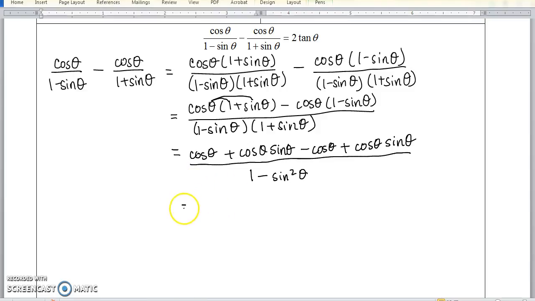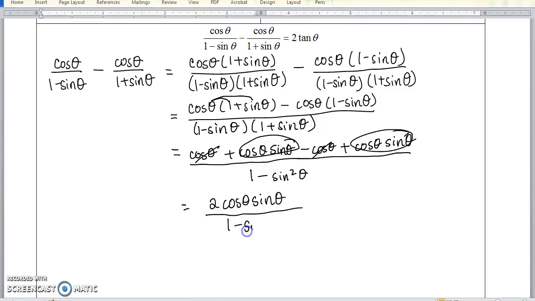All right, let's try to simplify this. Up here, you notice the cosine of theta and the cosine of theta canceled out. We have 2 cosine sine thetas left, all over 1 minus sine squared theta. But actually, we know what 1 minus sine squared theta is.